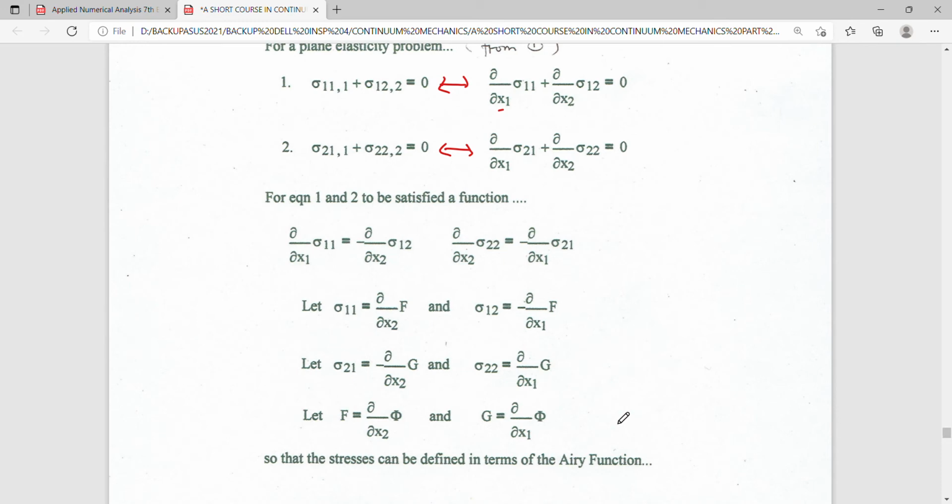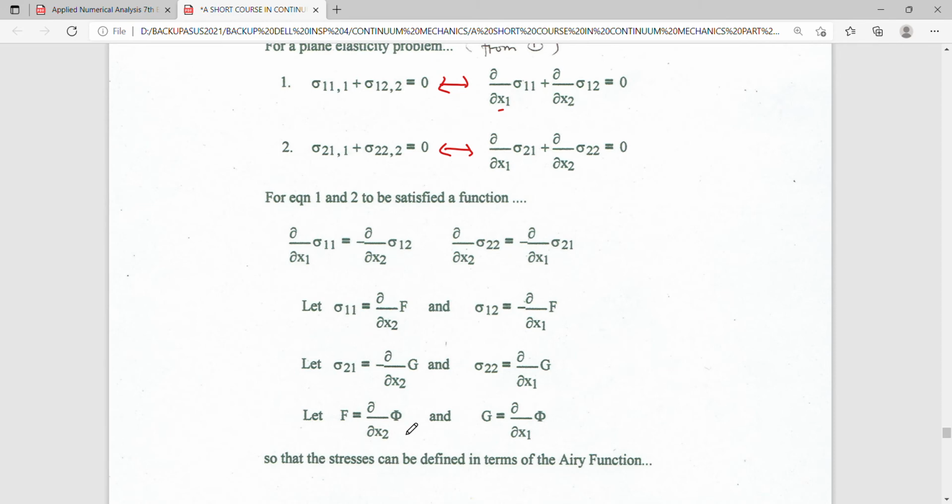Now, on the third hand, I now make use of another assumption. In this case, I want to make g and f somehow a function of phi for me to be able to simplify things out. Okay?